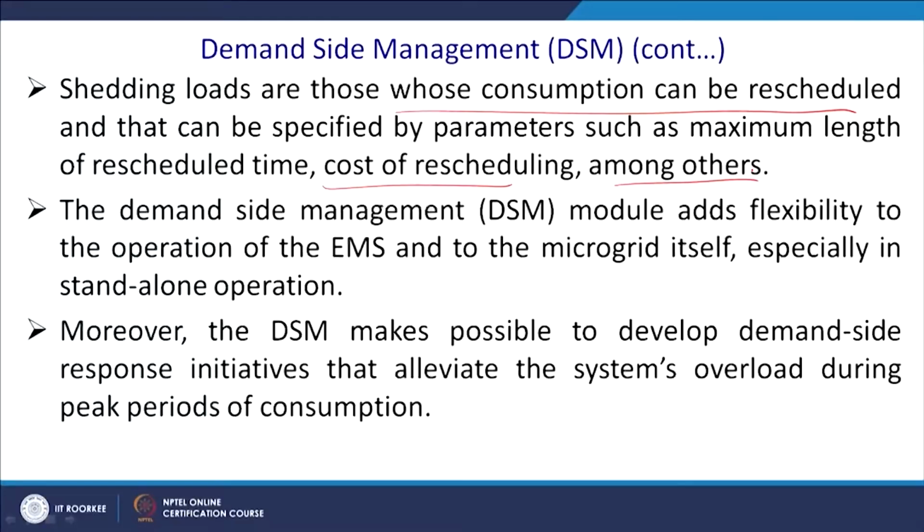For example, let us take a condition where you come home and you need to go out, and for this reason you need to take a shower and you are going to use the geyser, and you need to charge the electric vehicle, and third, of course, you want to wash your clothes. But you can see that among these three requirements, you can set a priority from your individual level and the microgrid can set one for itself.